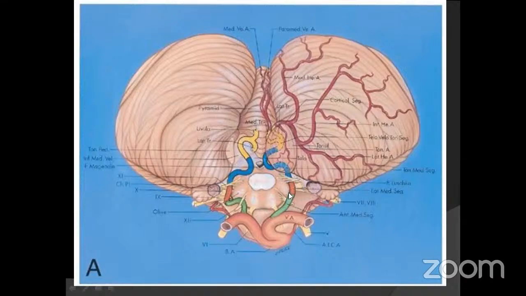This is PICA, with segments 1, 2, 3, and 4, and then it supplies the suboccipital surface of the cerebellum by dividing into multiple small branches. During its course, it is associated with branches of the hypoglossal nerve and the branches of the 9th, 10th, and 11th nerves.